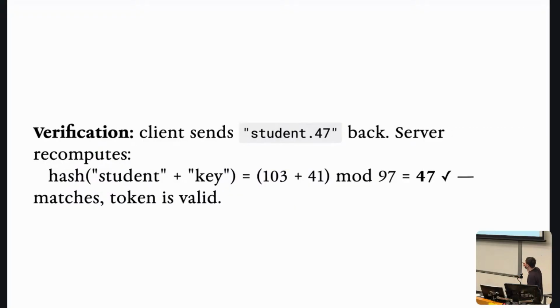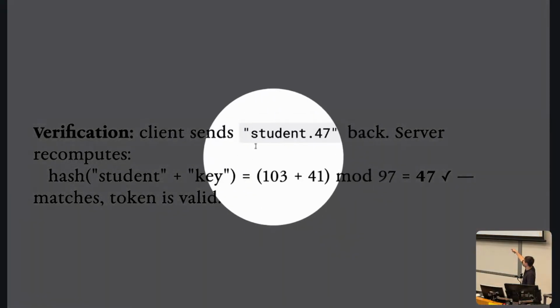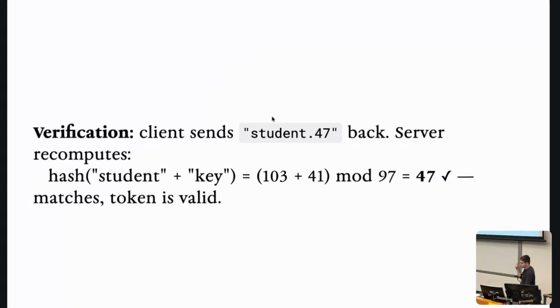So when the client makes a subsequent network request, and in the header of that request places that token, content.hash, or the signature, the server simply recomputes, because it's got the content, so it gets student. In this case, it's just plain text, so that's fine. So it knows the data. But now, the goal of the server is to make sure that the client or someone in the middle did not manipulate the content before the signature.